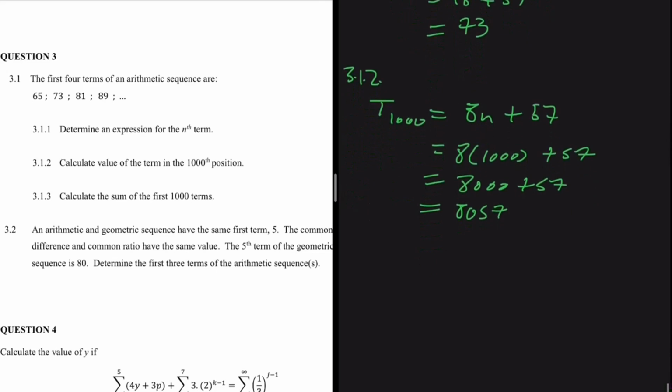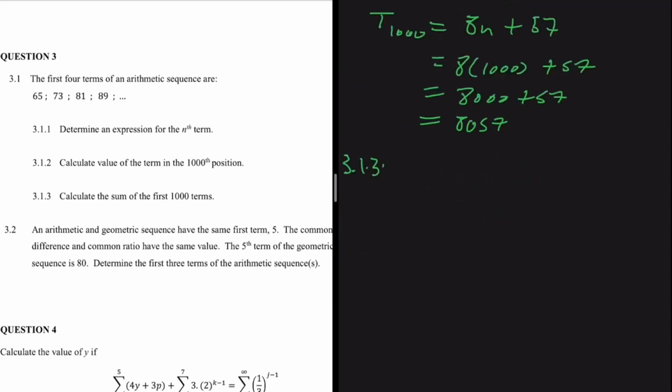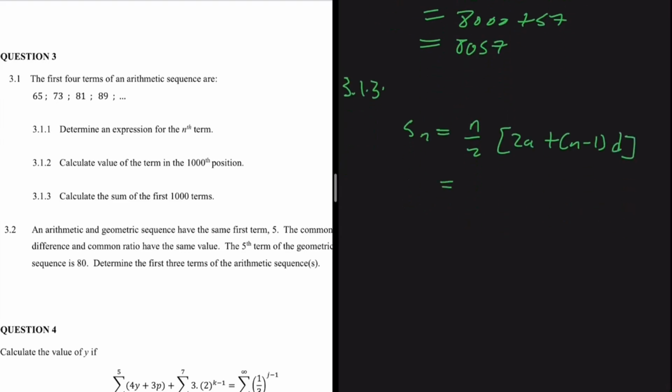And then 3.1.3. It says let's calculate the sum of the first 1000 terms. So the sum is given by n divided by 2 multiplied by 2a plus n minus 1 multiplied by d. So we want S1000, right? The sum of the first 1000 terms. So we're going to have 1000 divided by 2 multiplied by 2a.